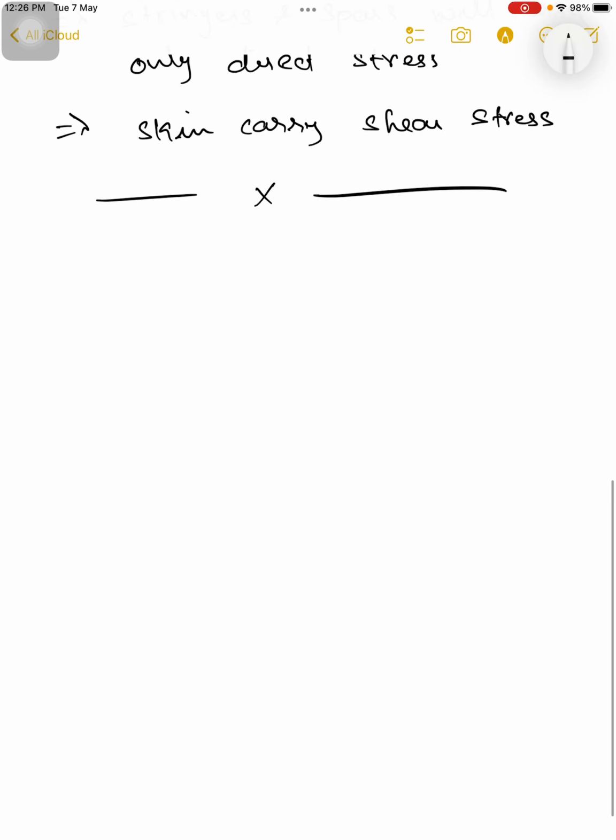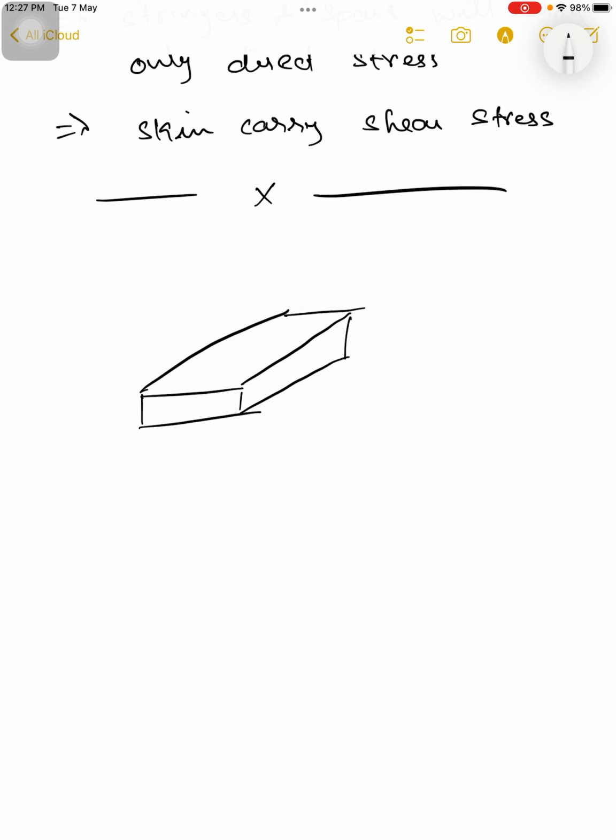So now we will check what the empirical relation is between the actual and the idealized model of these booms. In order to describe that, I will take a small panel. The stress acting is sigma 1, and it is a uniformly varying load, going to sigma 2.